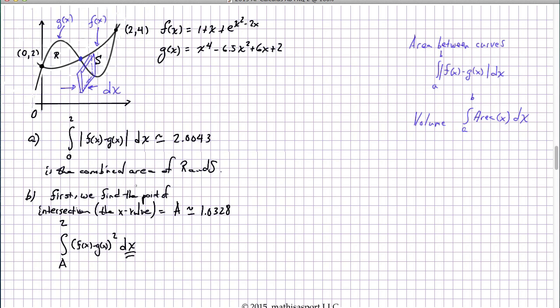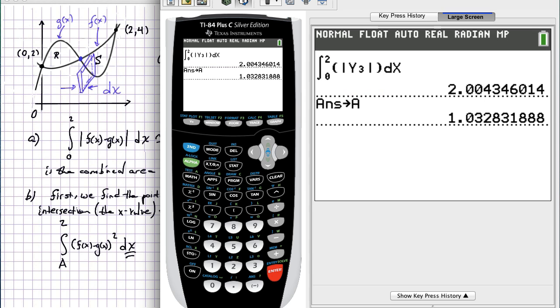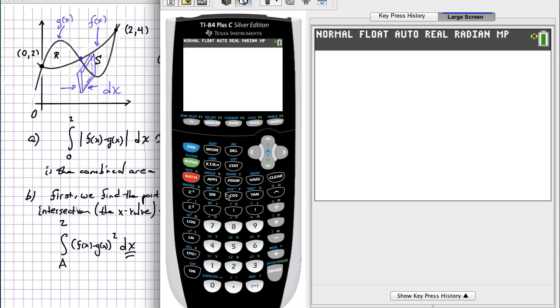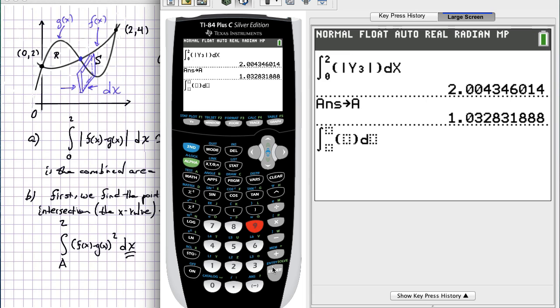All right, let's find out what that is approximately using the calculator. So we're finding an integral. And we're going from our stored value of a up to 2.